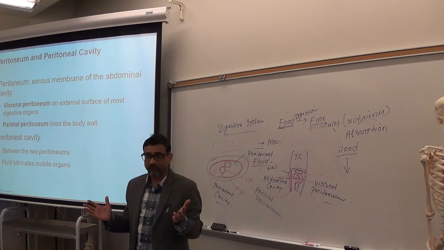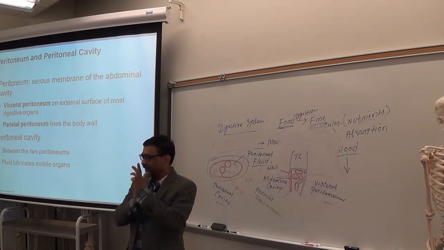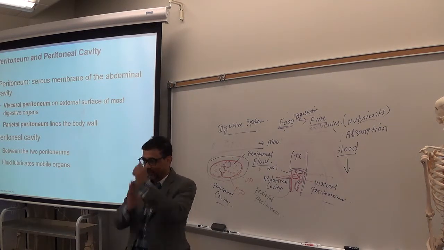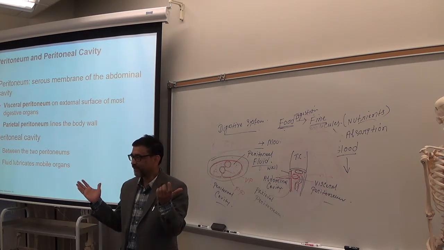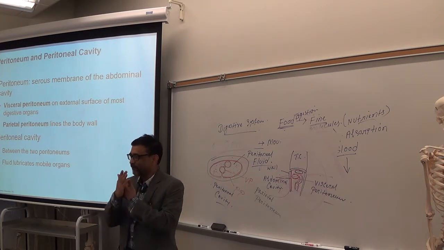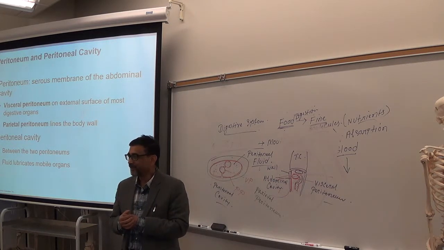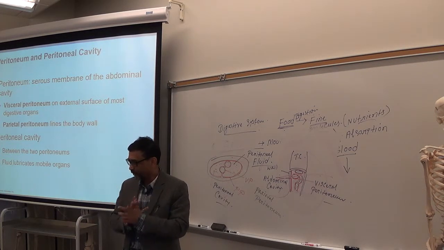So if there was no fluid, then they would have rubbed each other. Make sense? And that will cause what? Pain, inflammation. If two organs rub each other all the time, then what will happen? Inflammation. You know that, right? If you keep rubbing, inflammation will occur. Pain will occur, right? Severe. So that is being prevented by that fluid, peritoneal fluid, right?